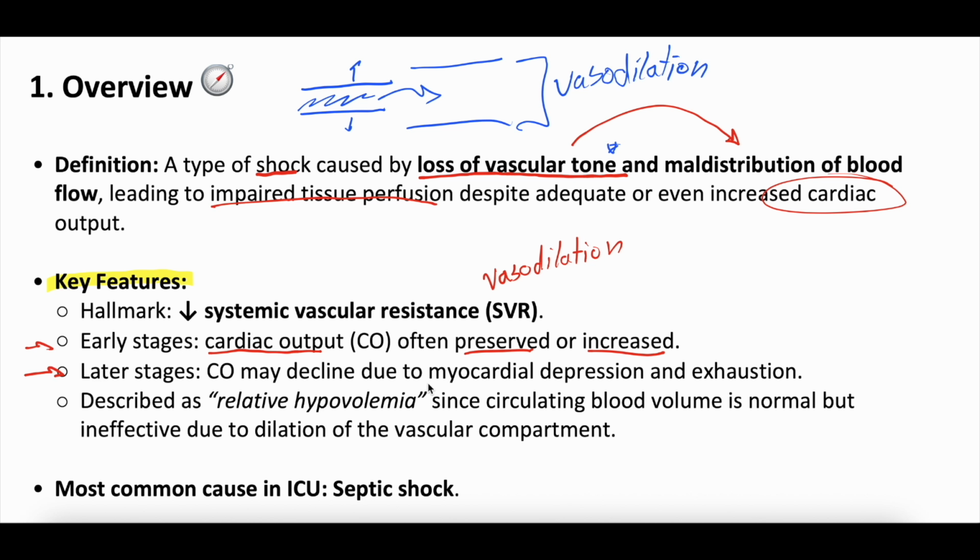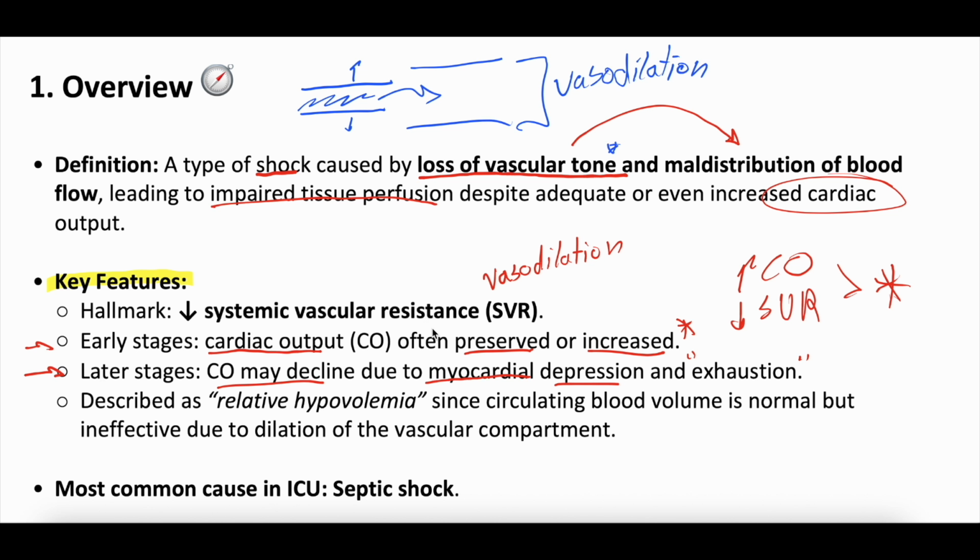So eventually you might actually start to get some myocardial depression or, quote unquote, exhaustion, some myocardial injury from that hyperdynamic increased contractility workload. And that may lead to a decrease in your cardiac output in later stages of distributive shock. But in the early stages, you have increased cardiac output and decreased systemic vascular resistance. And we're going to get into both of these things more as this episode goes on here.